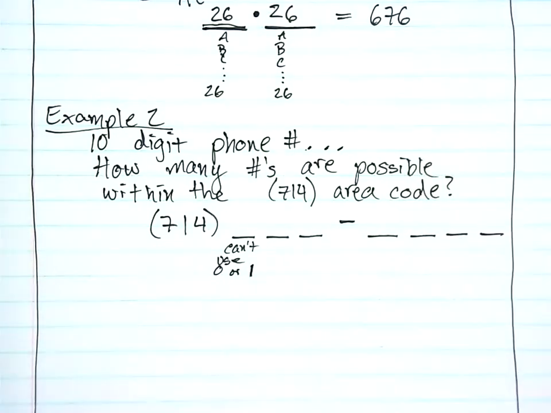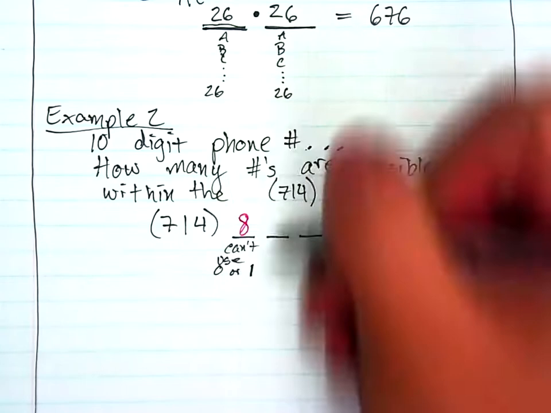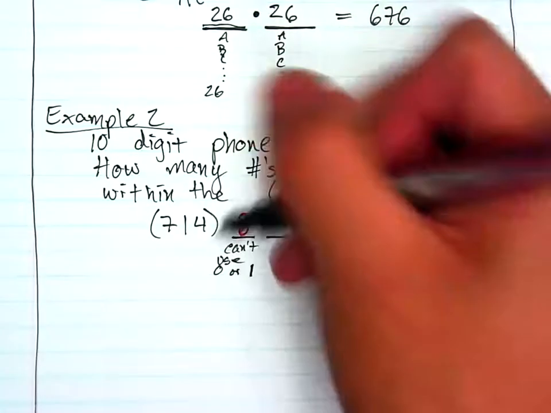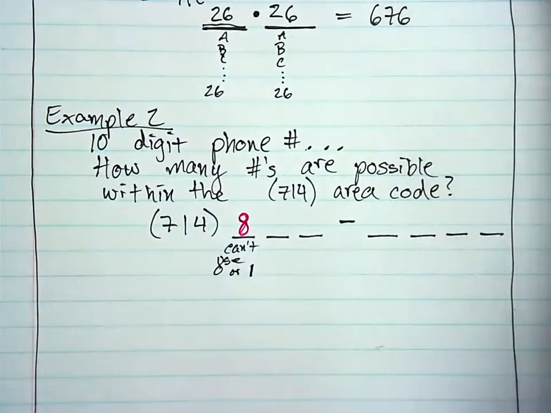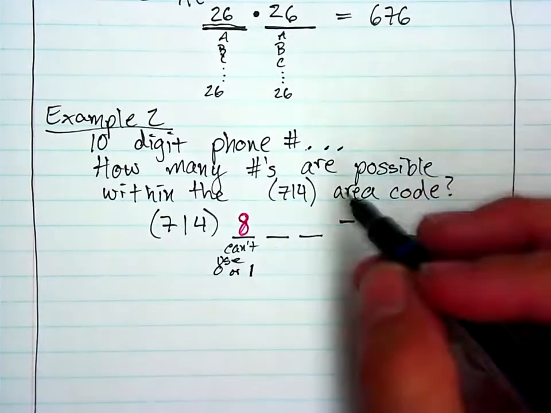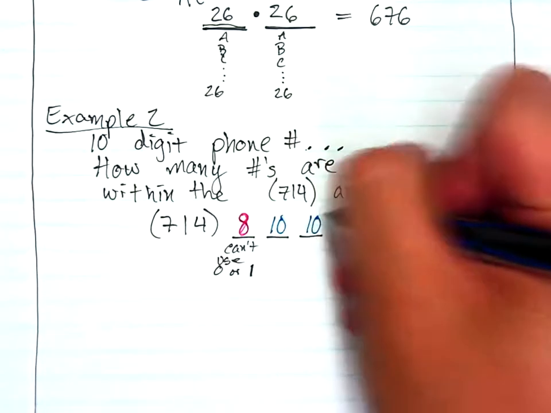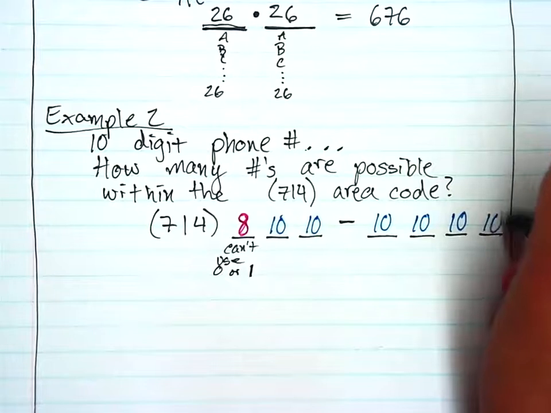So in this case, I have 8 numbers to choose from. Okay? So 2, 3, 4, 5, 6, 7, 8, 9 can all be the first digit there. And then the rest of the numbers can be any digit between 0 and 9. So in this case, I'm going to have 10 choices, 10 choices, 10, 10, 10, 10. All right?